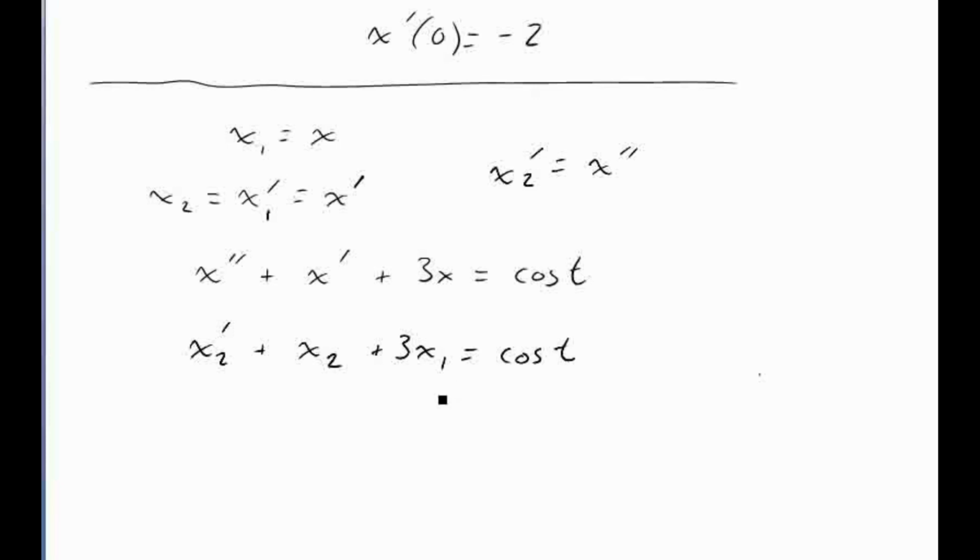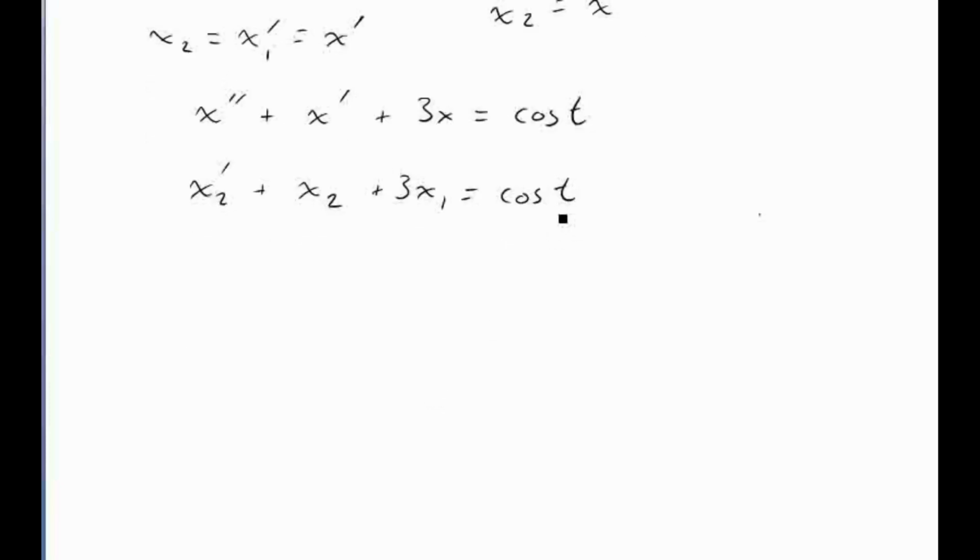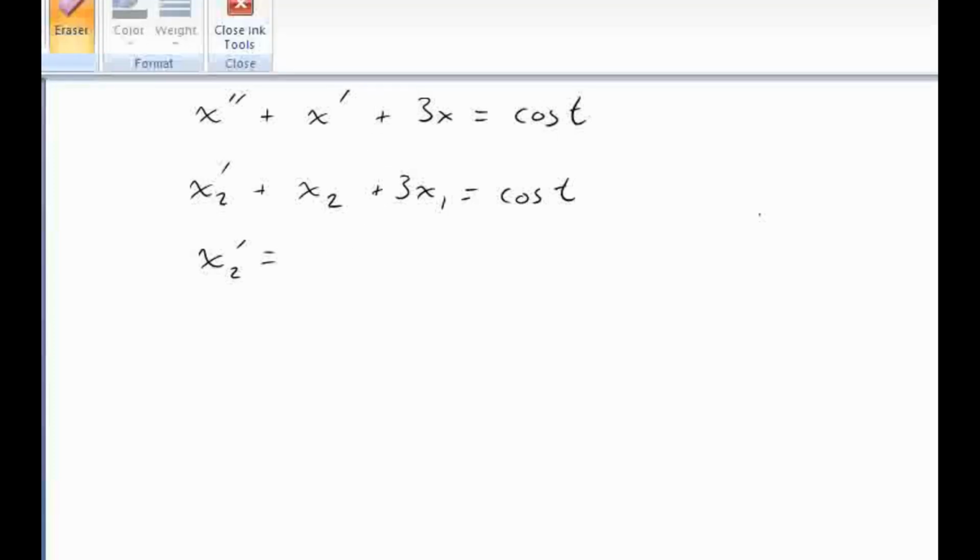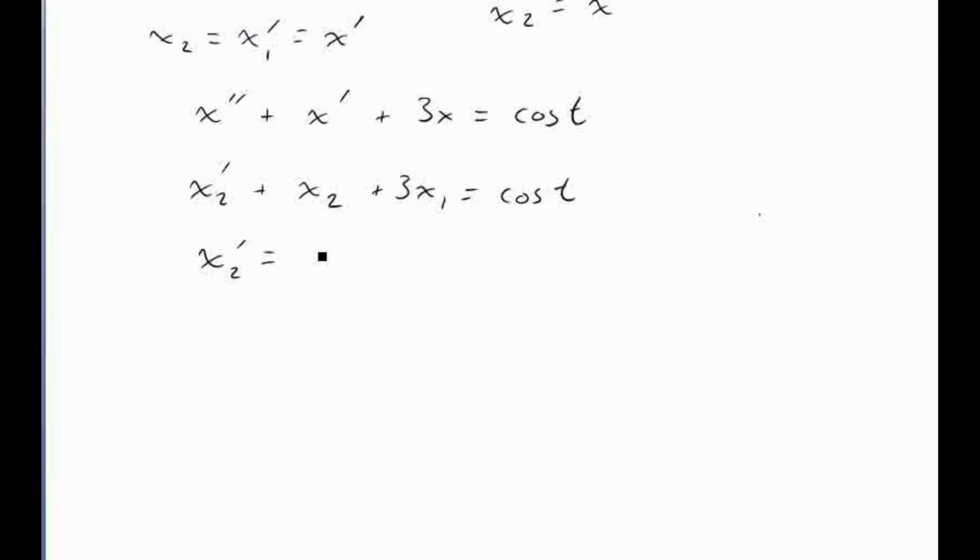And notice, there's still a t in here, which there wasn't before. So this is not what is called an autonomous system, where the t's are absent, but it's still a fine system in its own right. And then I would just solve this for the x2 prime to make the differential equation. So what is that going to equal? It's going to equal negative 3x1 minus x2 plus cosine t.